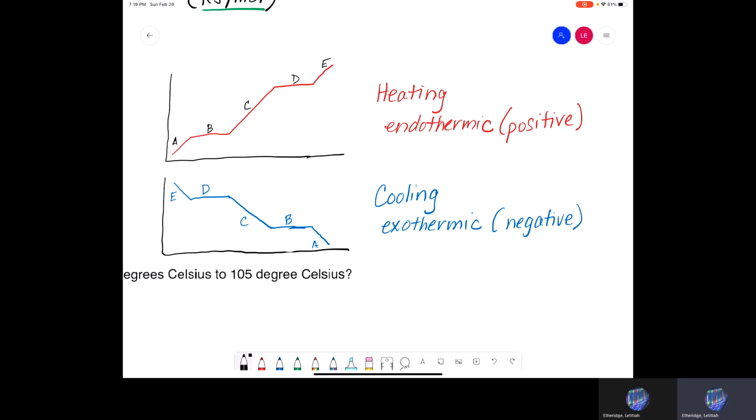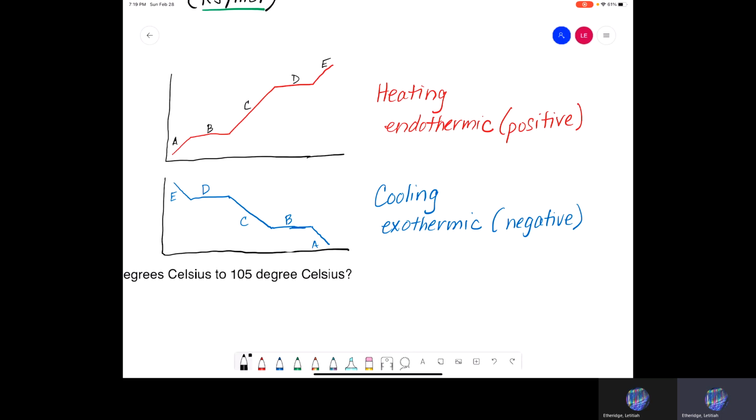We add heat to the system and we are in a solid state. Then once we get to B, we're adding heat, but the temperature is not changing because all of that heat is going into breaking all of the bonds in our solid to form a liquid.